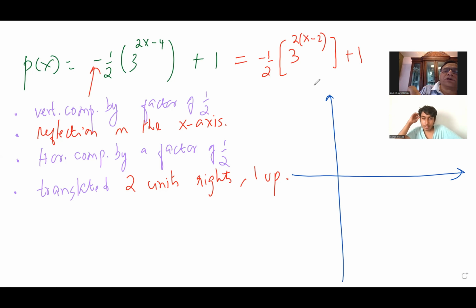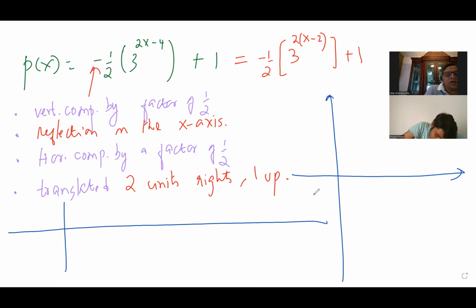So what you could do is find a table and write down the values. If I consider the function 3 to the power of x, and now this function, minus half times 3 to the power of 2 times (x minus 2), plus 1, how do you write the coordinates of the image points?